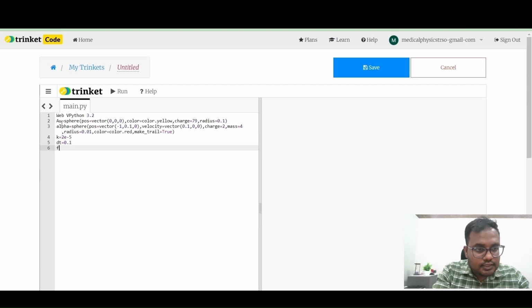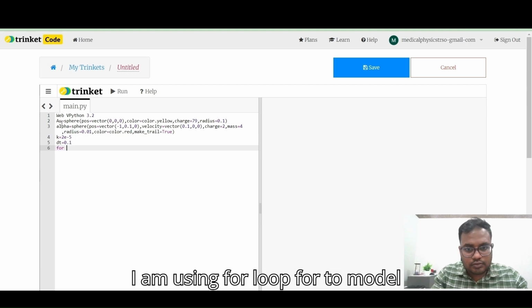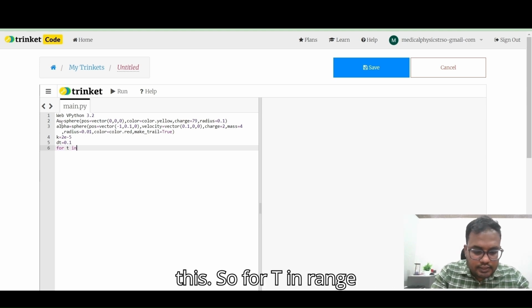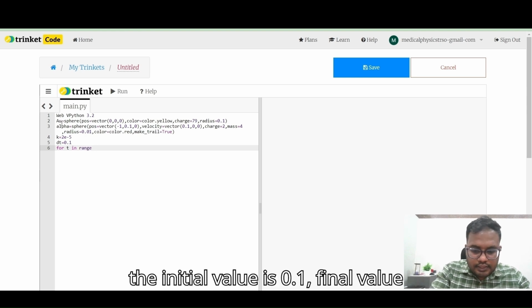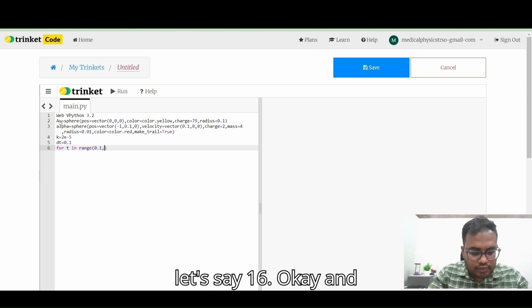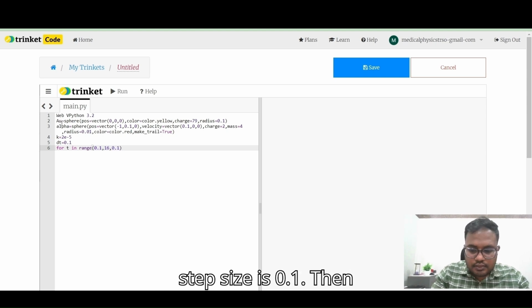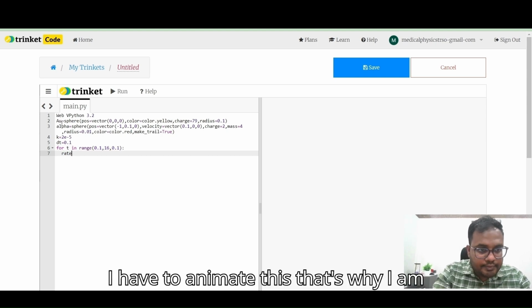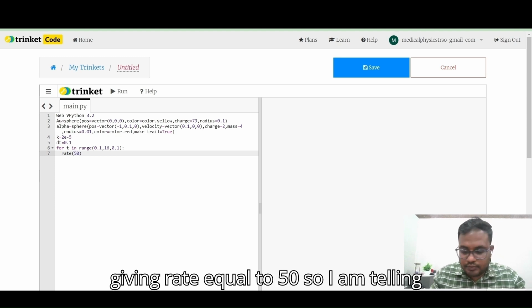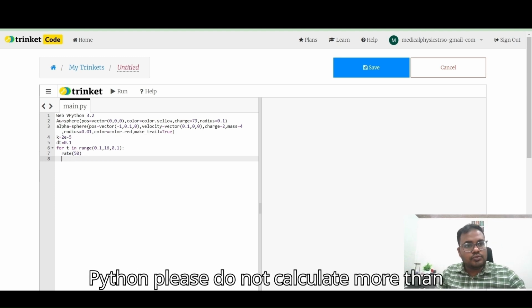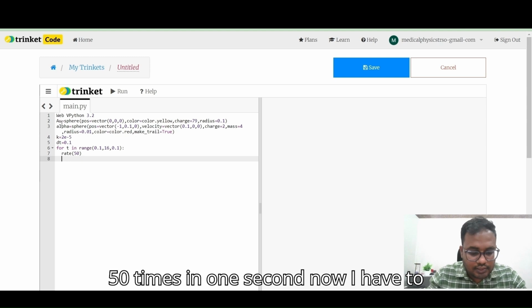Then I'm using a for loop to model this. For t in range, the initial value is 0.1, final value, let's say 16, and step size is 0.1. Then I have to animate this, that's why I'm giving rate 50. So I'm telling Python, please do not calculate more than 50 times in 1 second.